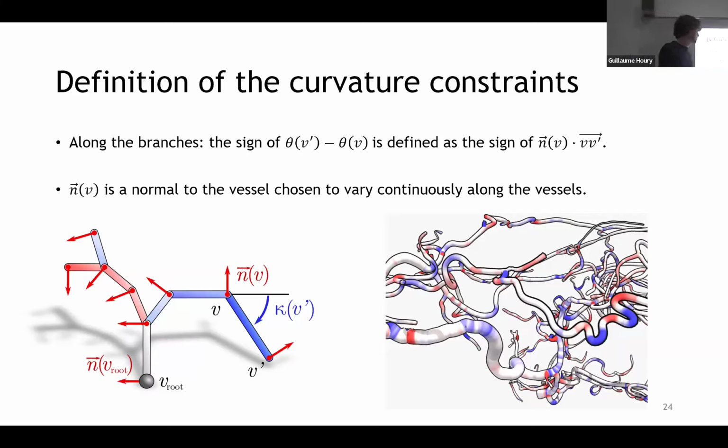So mathematically, it just means that we have created a set of normals that move quite smoothly along the blood vessels, and we define the sign of the angular difference to be the sign of the projection of the next edge on the normal of the previous node.